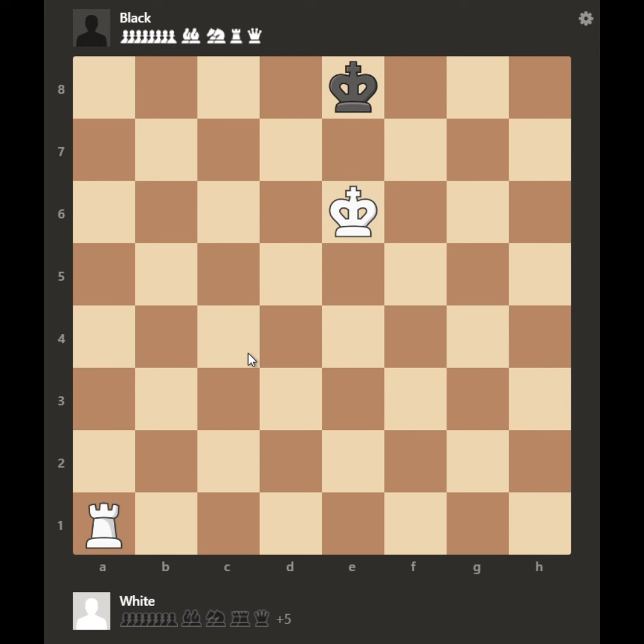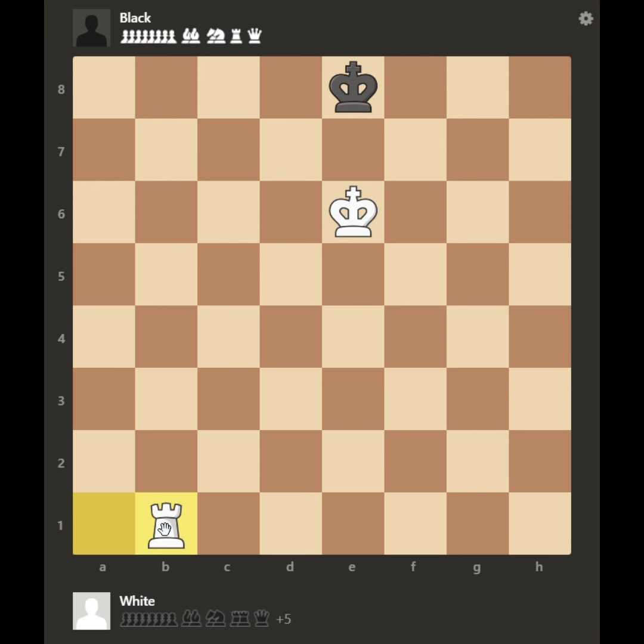Please make all possible moves like this on the board and say the notation in your mind. That is very important. You should say the notation in your mind when you make a move. I already showed A1 to B1, right? Then you need to say that in your mind.